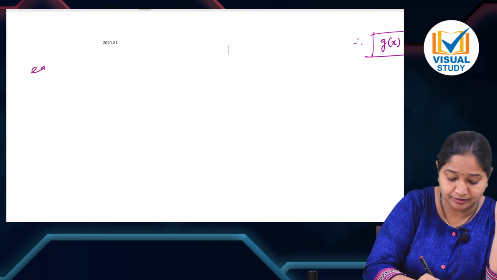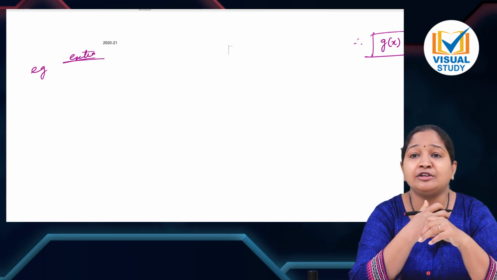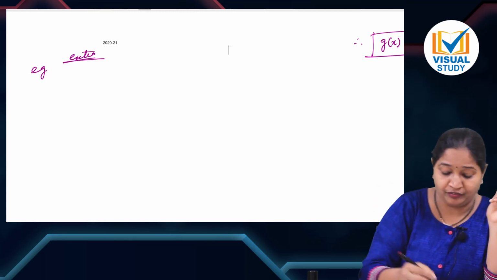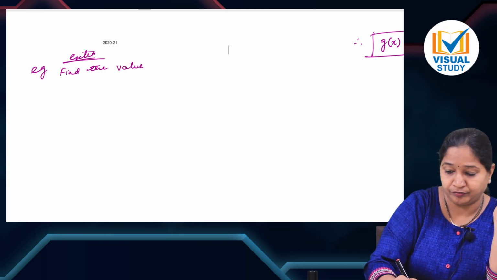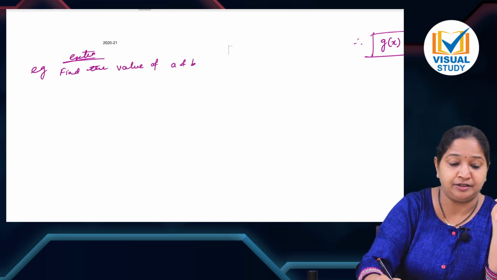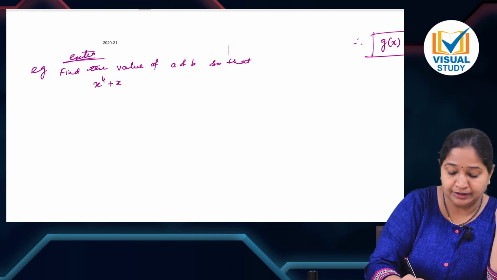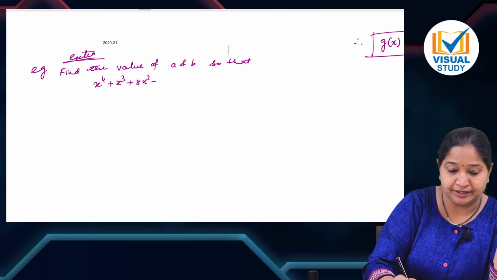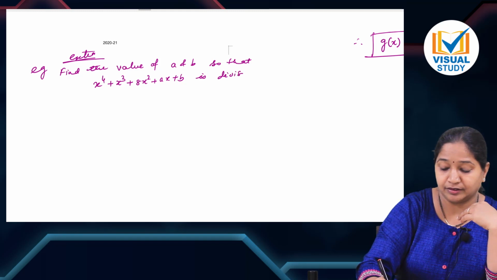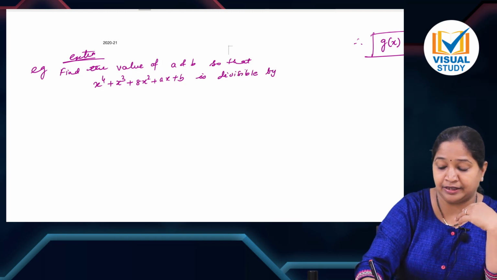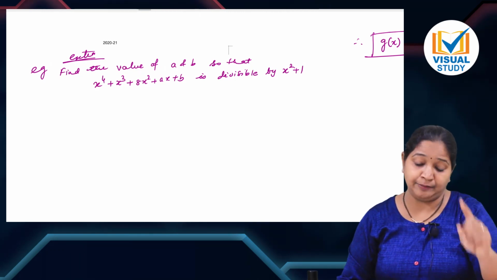For example, find the value of a and b so that x raised to 4 plus x cube plus 8x square plus ax plus b is divisible by x square plus 1. You have to find the value of a and b.